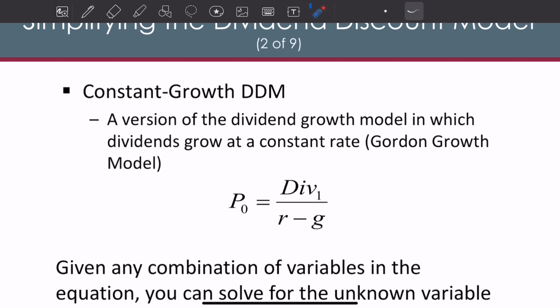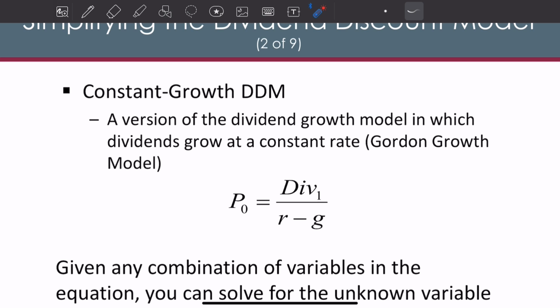And that growth might be constant and it might not be constant. So if the growth rate is constant, we can apply what's called the Gordon model, or the Gordon growth model, or the constant growth model. This is a version of the dividend growth model that we just covered, in which the dividends are expected to grow at a constant rate.